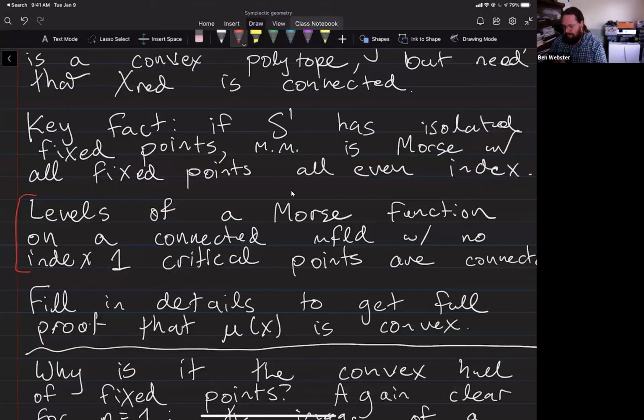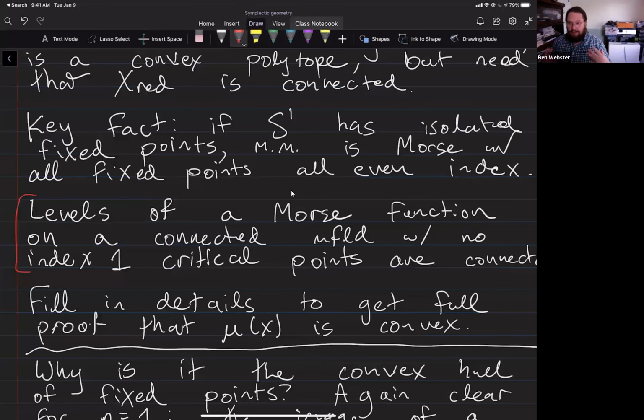So my S1 that I chose has some moment map attached to it, and if we're lucky, that will be a Morse function. If I have a Morse function on a connected manifold with no index 1 critical points, so in particular, if it has no odd index critical points, then all of its levels are connected.